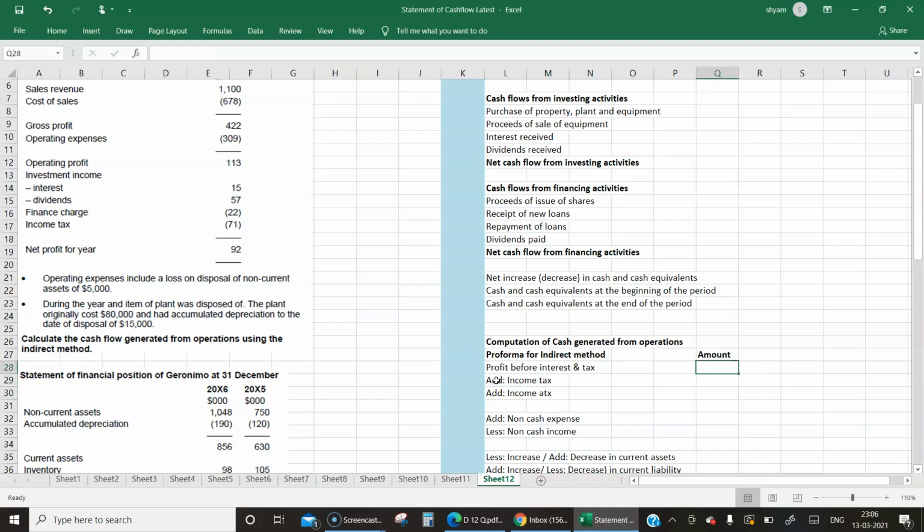Profit before tax has been 92. With that we'll add income tax, which is 71. We'll add back the interest, which is 22. We added that.